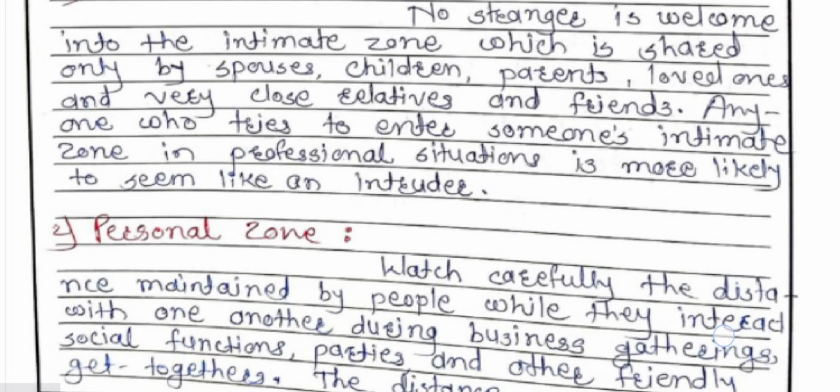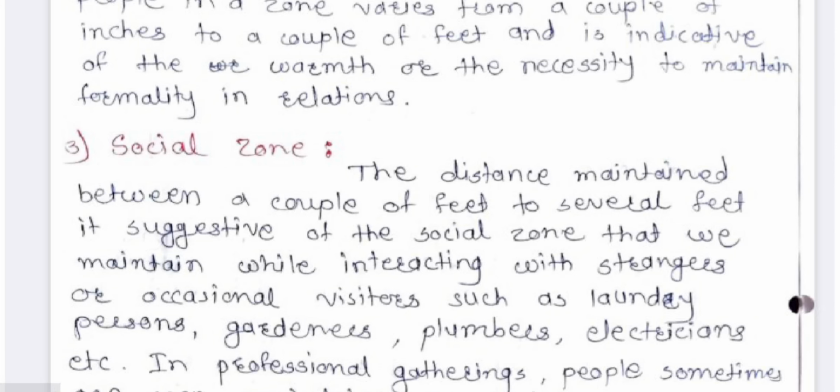Watch carefully the distance maintained by people while they interact with one another during business and some social functions, gatherings, parties and other friendly get-togethers. The distance is a couple of inches to a couple of feet, indicative of warmth and necessity, and maintains the formalities of those relations.